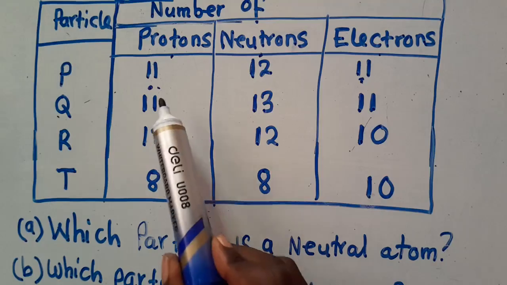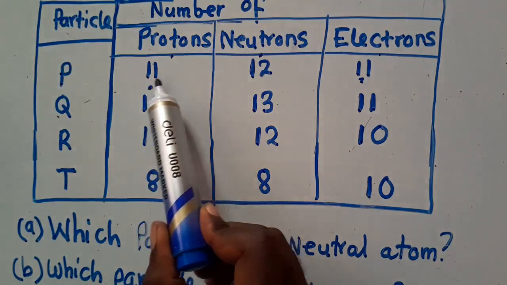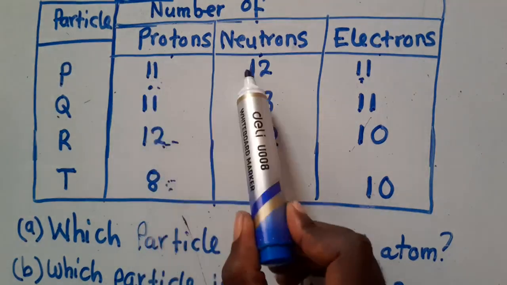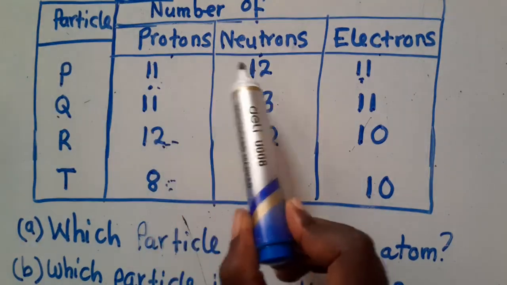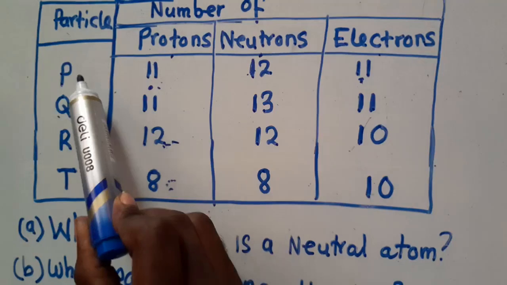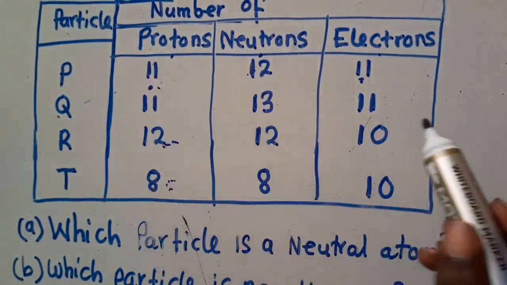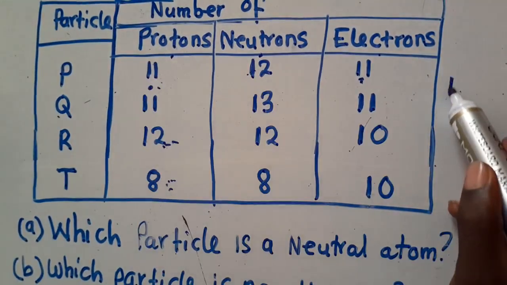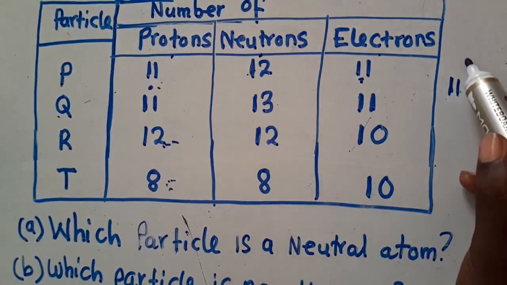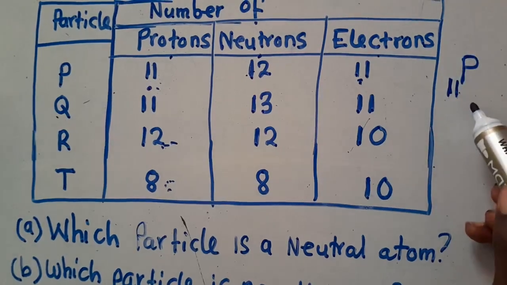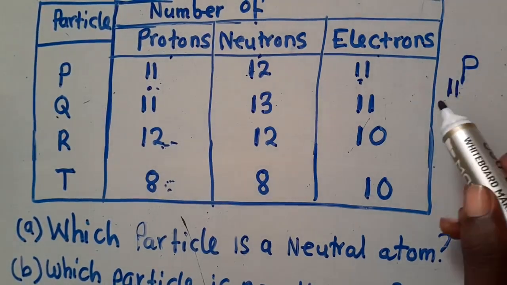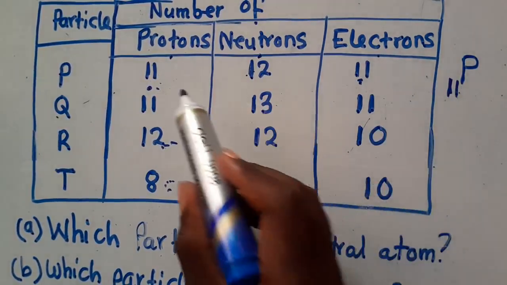If you check this one, this is particle P. How do we find it? The protons are 11. So I'm going to write P, protons 11. Then the mass number, I add these two.